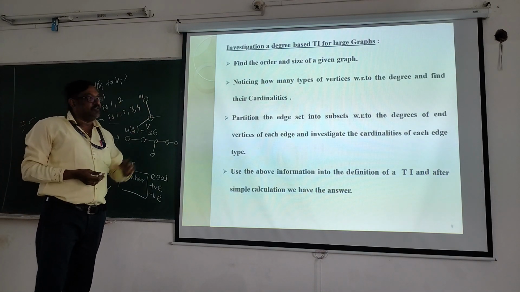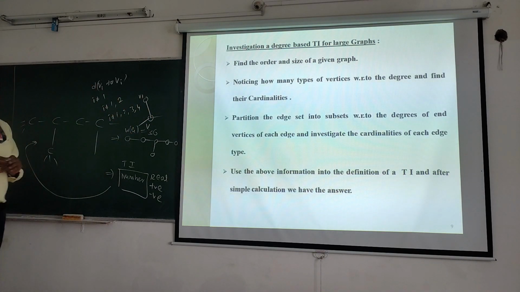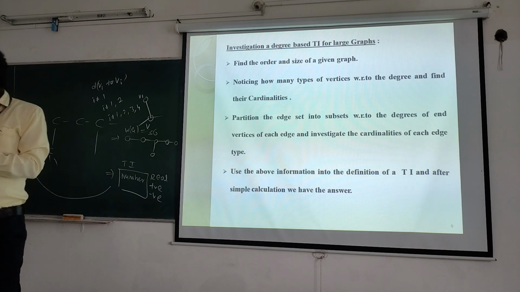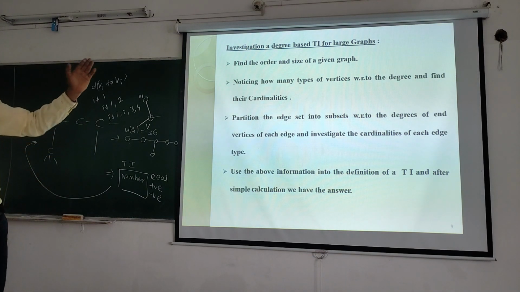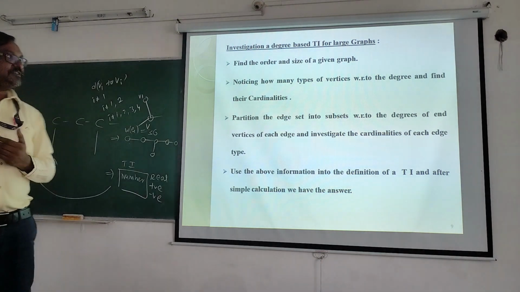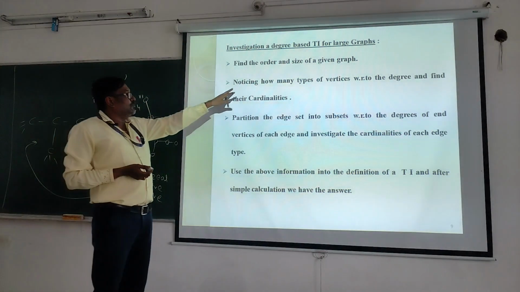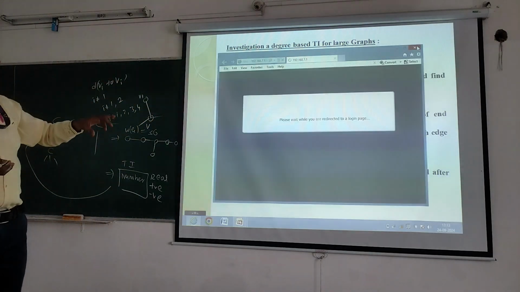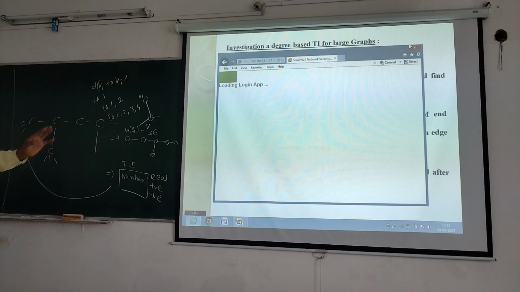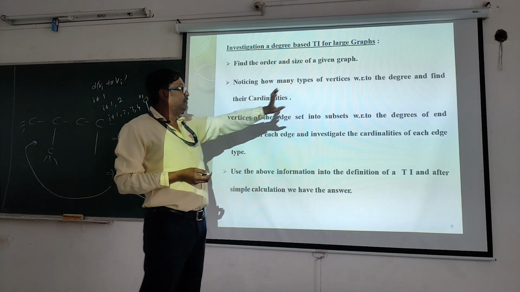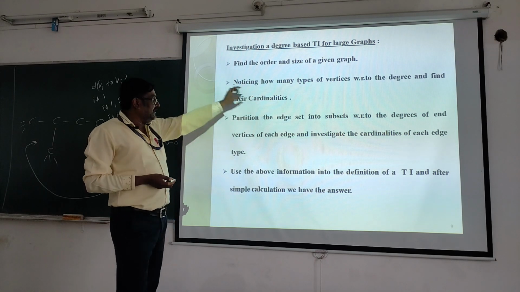Now, investigation. To investigate degree-based topological indices for large graphs, we have to follow 4 steps. The first step is finding the order and size of the given graph, where order stands for the number of vertices and size stands for the number of edges. Second, noticing how many types of vertices there are with respect to degree and finding their cardinalities.